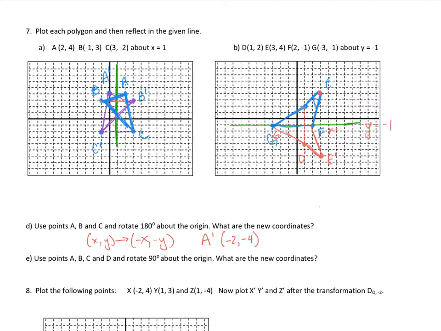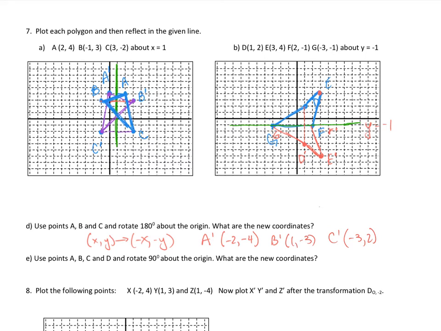For B prime, negative x, negative y becomes 1, negative 3, and for C prime, we do the same thing. We end up with negative 3, 2.